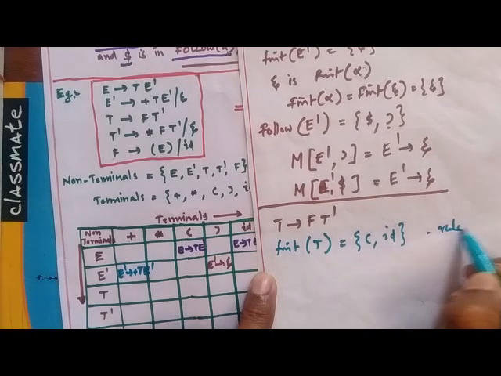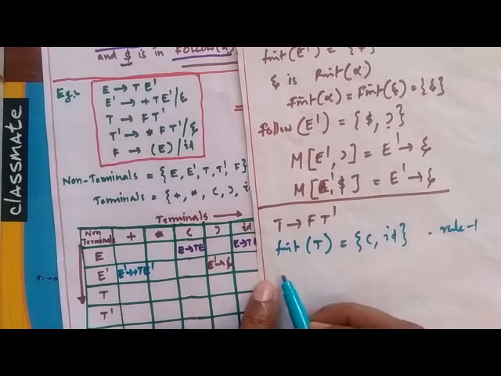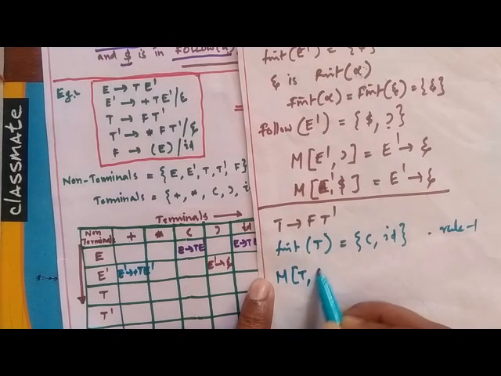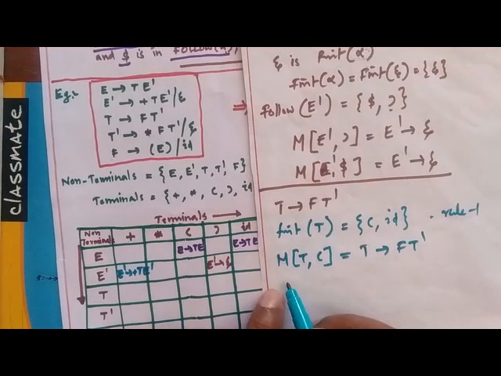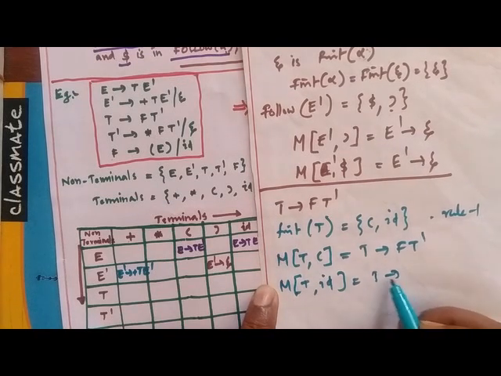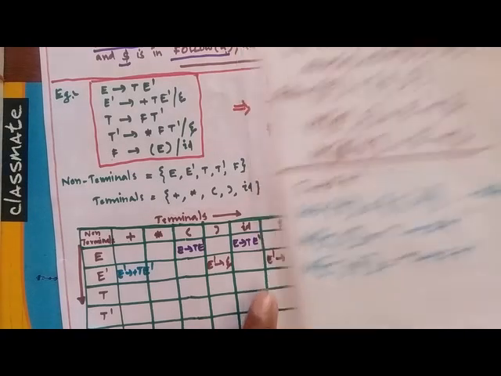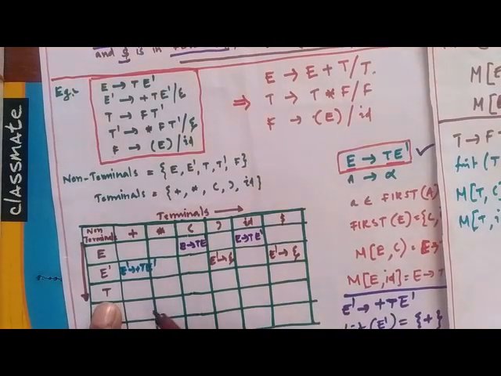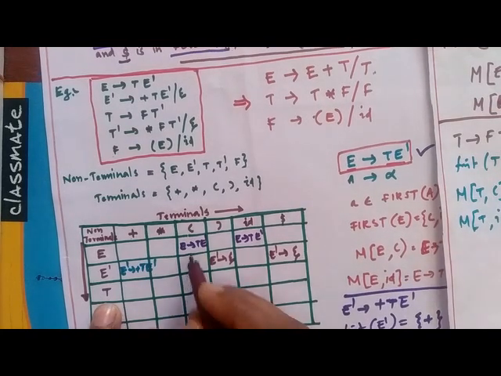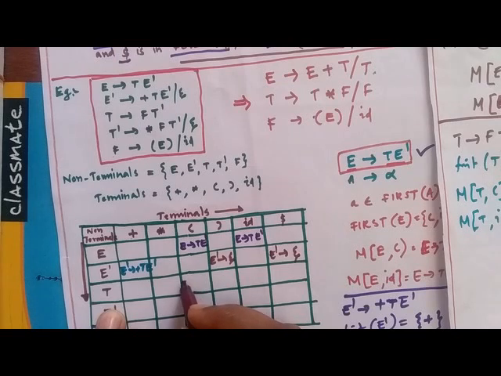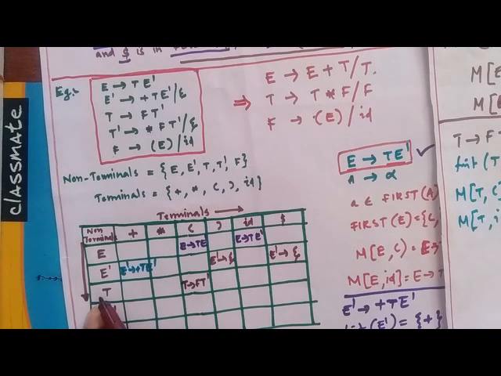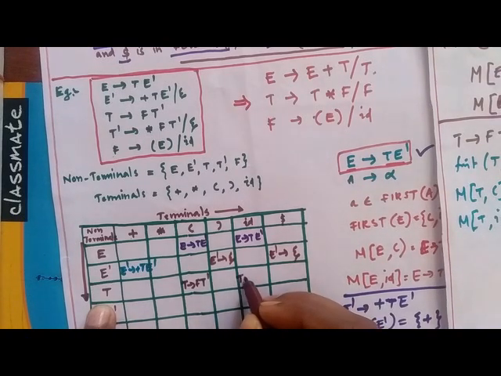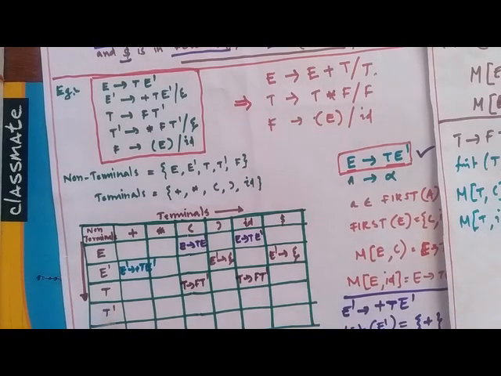Then rule 1 of the algorithm is telling that in M of T, left bracket, we need to add T gives F T dash, as well as in M of T, ID, we also need to add T gives F T dash. So we will add that one.